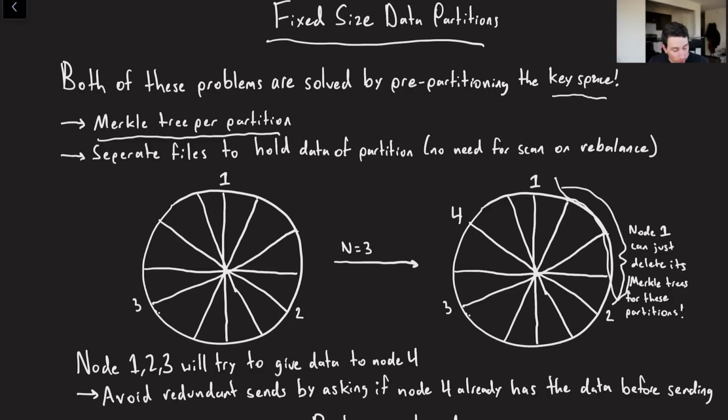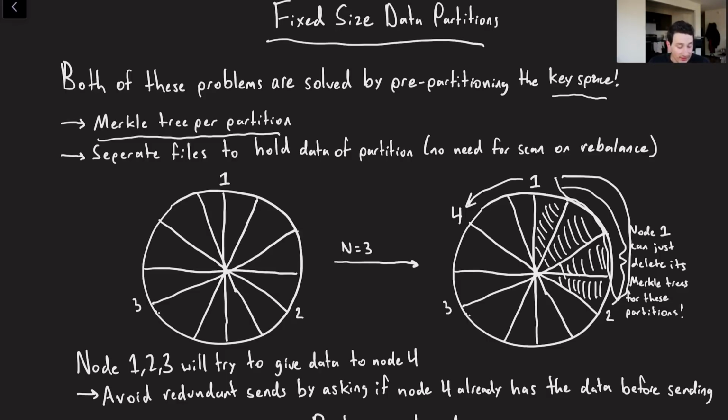This data over here was previously living on node 1 because node 1 is the third replica for it, but now it's going to live on node 4. So node 1 can just say, instead of scanning for all these rows, every single one of these is its own individual file. It can take all of these pieces individually. It's not a scan because you're literally just going to the proper file path and then transferring the file itself over to node 4, which is great.